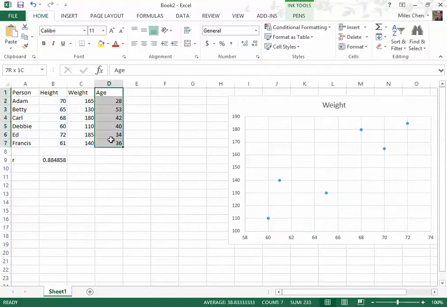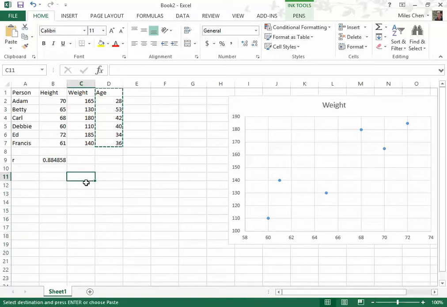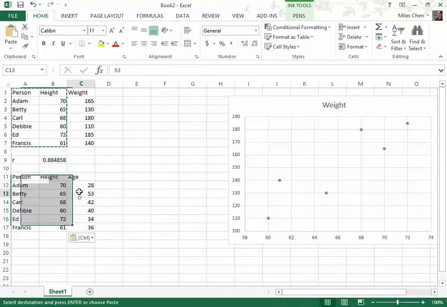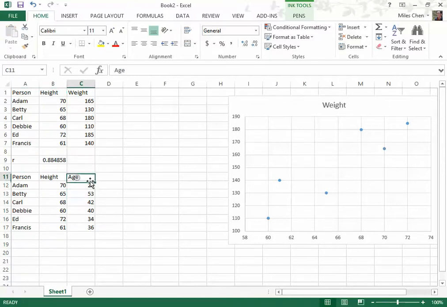I'm sorry. I think I have to put this down. I think I have to put them next to each other. So I'm going to just copy this over here. So basically I'm making the same table, except we're taking the height information and we're plotting it against the age information. Is that okay? And we're going to make a scatter plot here.